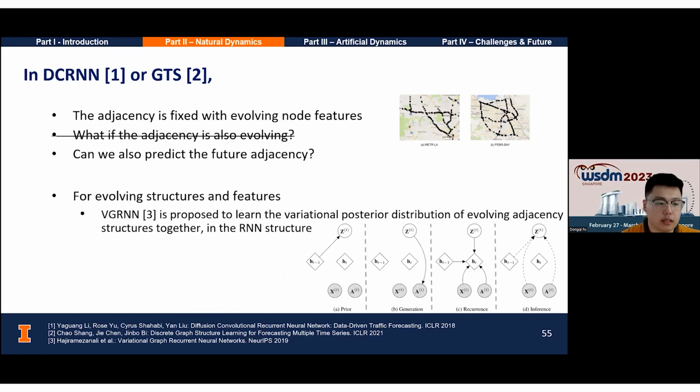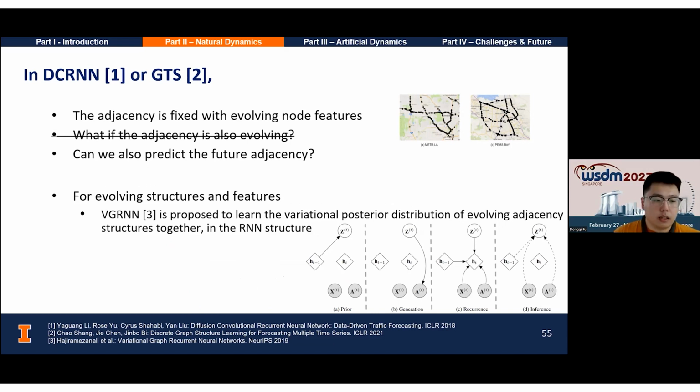After addressing the question, what if the adjacency is also evolving, another spontaneous question is to ask, can we predict the future adjacency instead of just predicting the future node features?